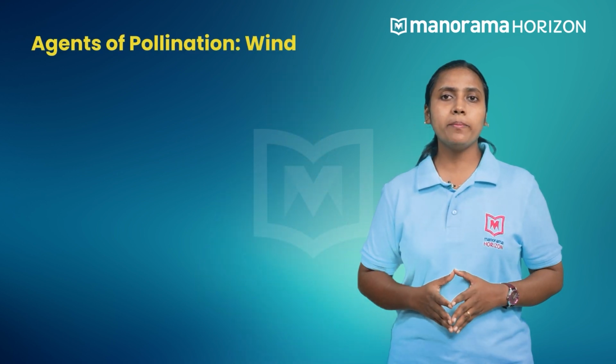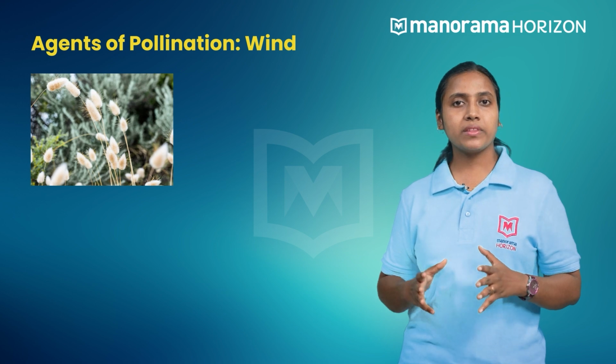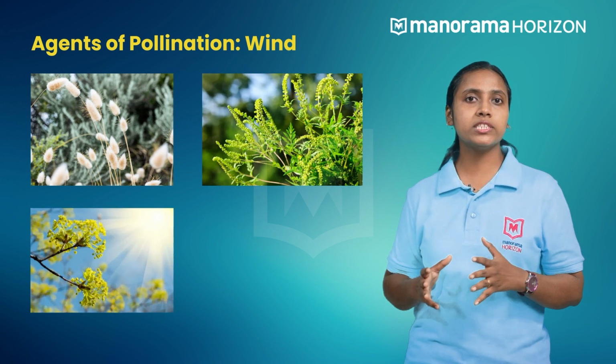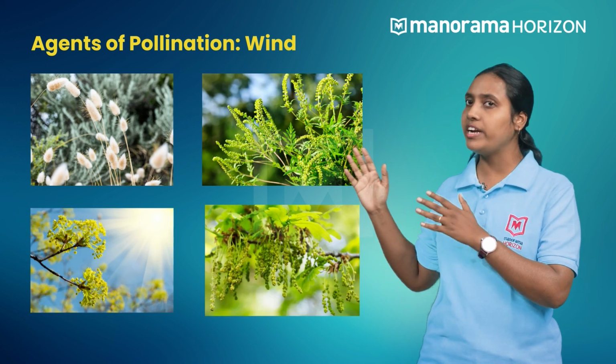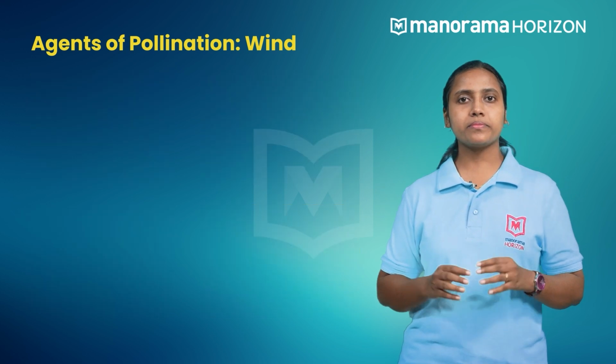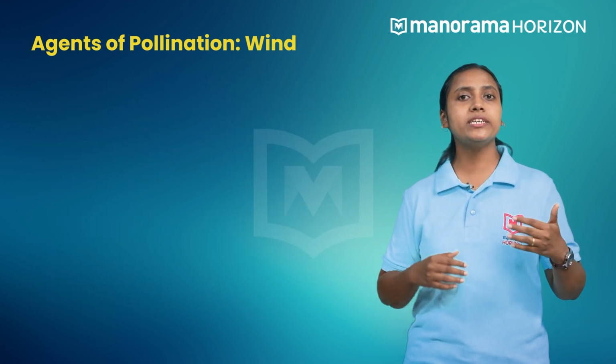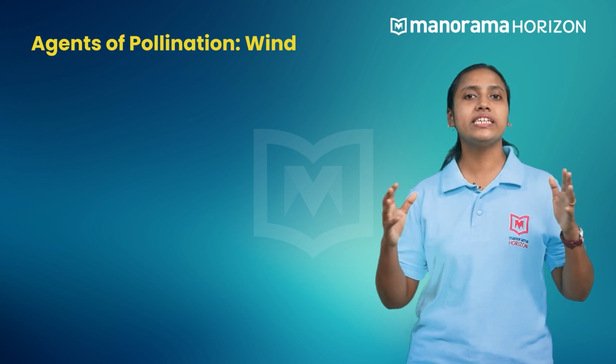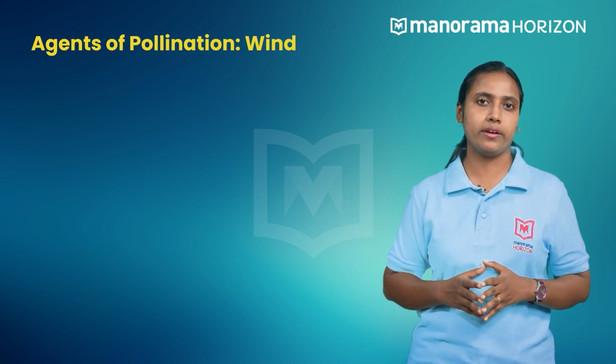You might ask a question here: how do wind and water serve as an agent of pollination? And what about animals? How do animals facilitate pollination? Flowering plants such as grasses, ragweeds, maples and oaks depend on wind for pollination. These plants exhibit some adaptations to facilitate pollination by wind.